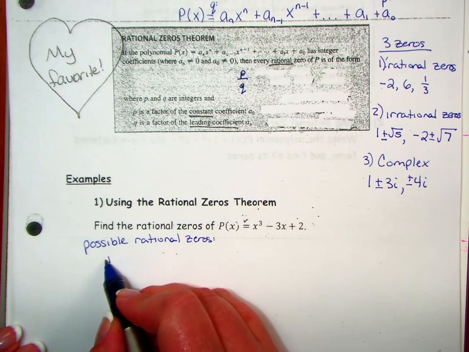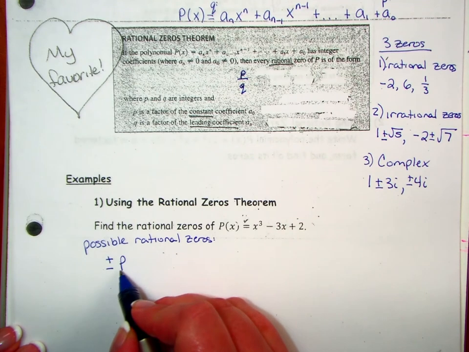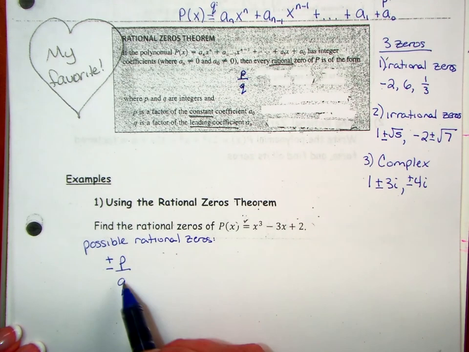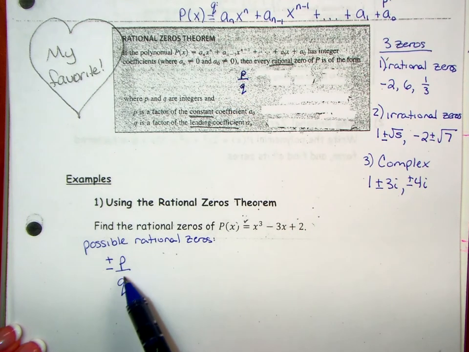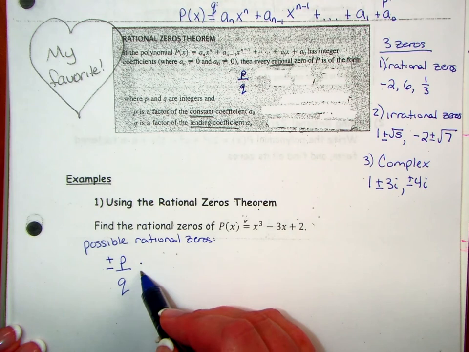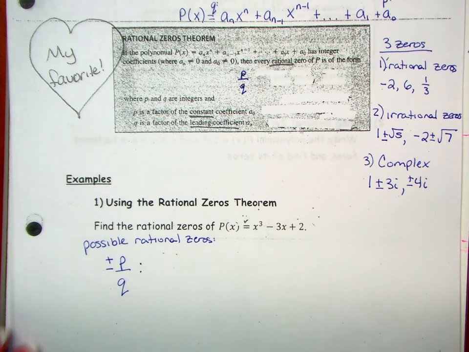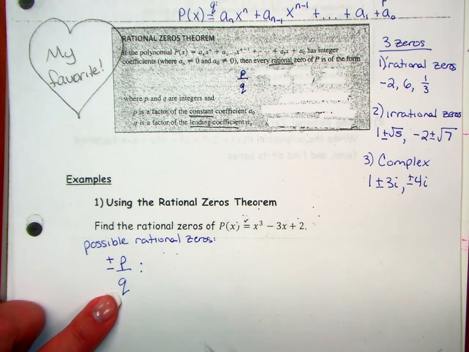I'm going to come up with a plus or minus P over Q, and this is really important. The theorem just says use P and Q, but factors could be positive or negative. So I'm going to make sure I do plus or minus for each P over Q I find.